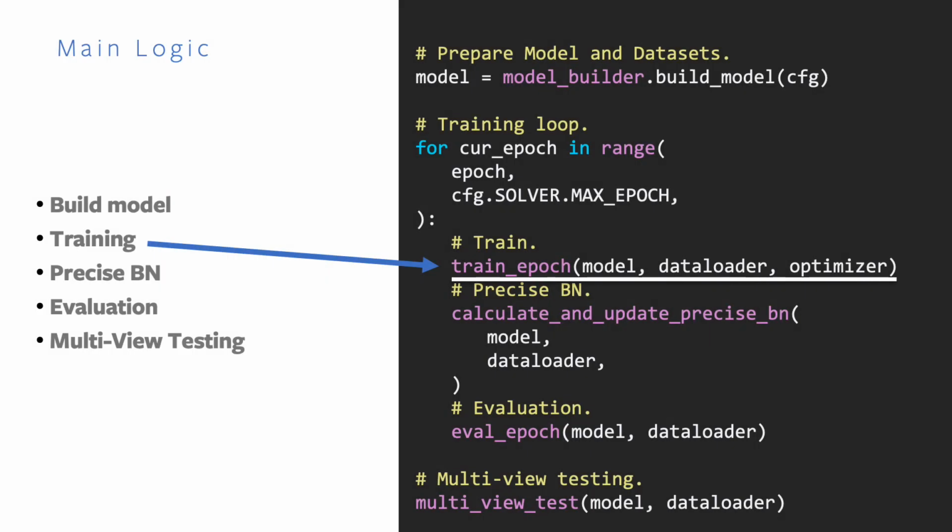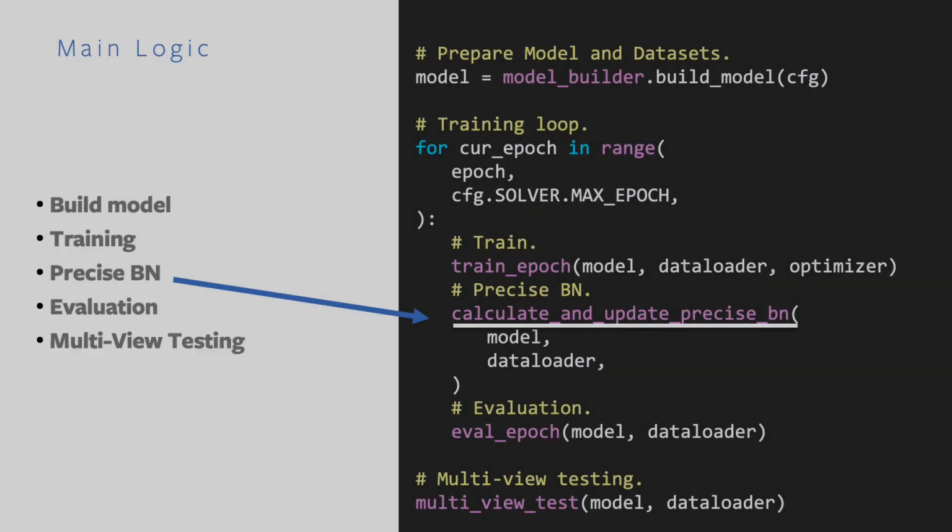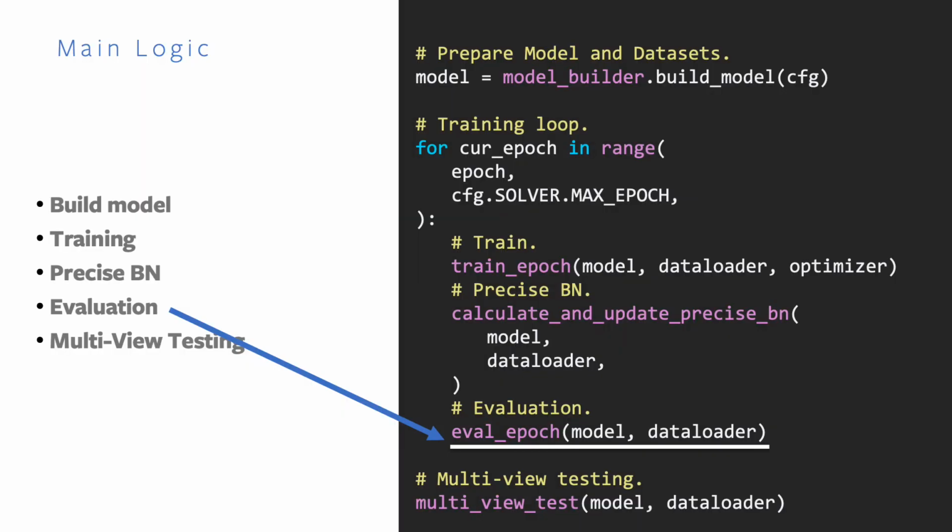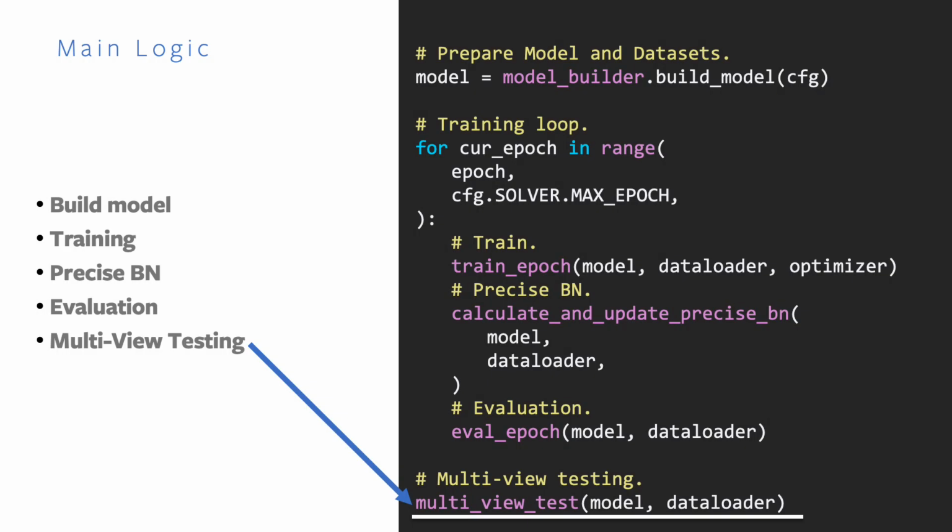After you collect the data, the model will be trained with the data we prepared, and batch norm statistics will be properly adjusted. After training is done, an evaluation will be performed after certain epochs. And finally, we will perform multi-view testing to get the final results.